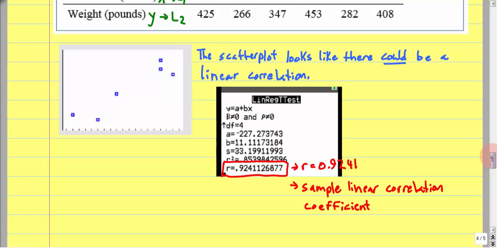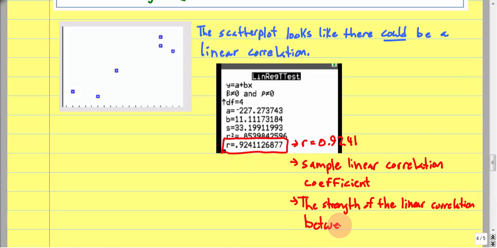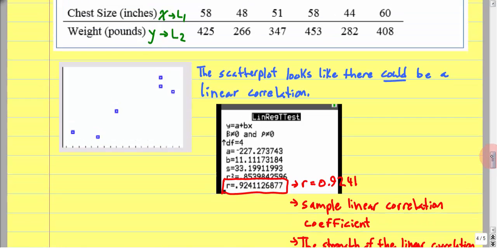And it basically tells me the strength of the linear correlation between the two variables. So the strength of the linear correlation between my two variables. And my two variables were chest size and weight.